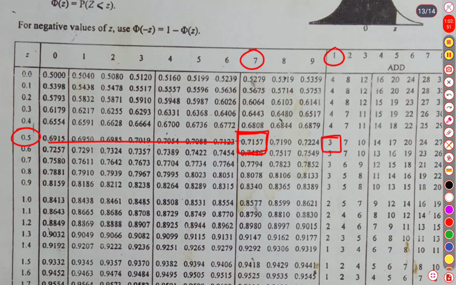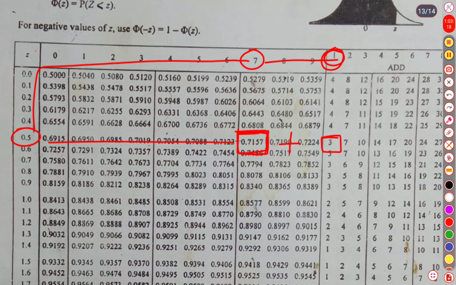So our z score is 0.57 and 1. So the row is the fifth row or sixth row. That means this is our probability which is to be added to for the final digit, which is 1. So if we add up, 0.571, our probability is 0.7157 plus 3.